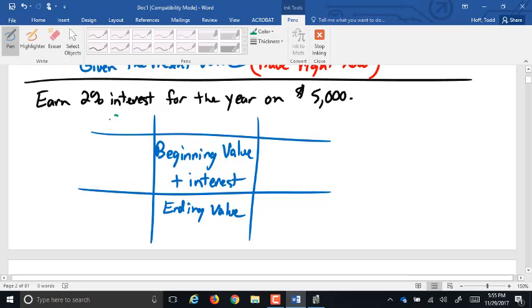If we look at the percent sign and the dollar side, right now we're given the $5,000, which is the present value, the beginning value right now. And we're given the 2%. But we also know the beginning value is 100%.